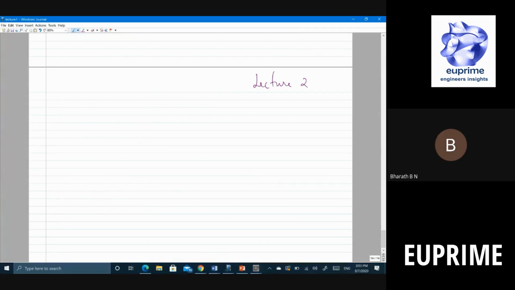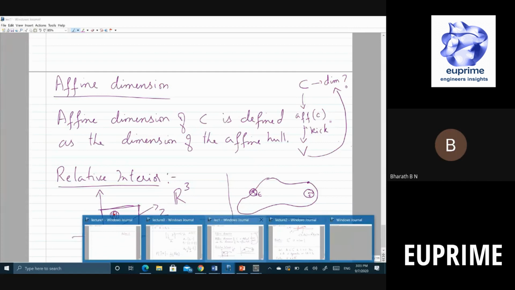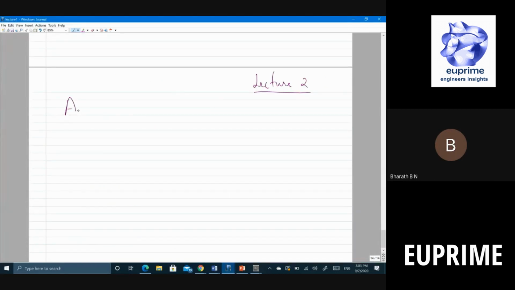So now let's look at this chain of events: A1 contained in A2, contained in and so on. That means A1 is here. A2 is bigger than A1, that is, A1 is sitting inside A2. So this is A2, this is A3, and so on.